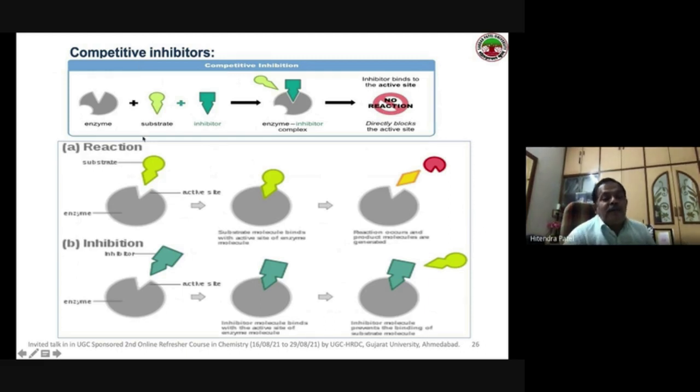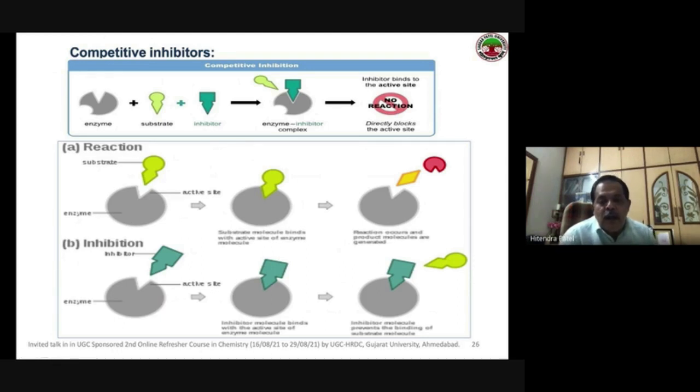Now you can see the reactions. When we talk about reactions, the substrate, as we know, tries to interact with the active sites of the enzyme. After the complex formation it is already blocked, and then you can see that the reaction occurs and it produces the molecules.